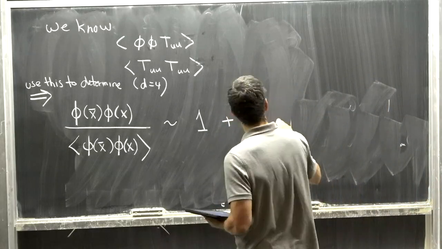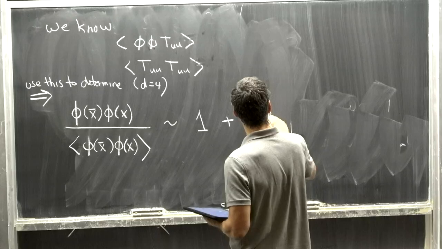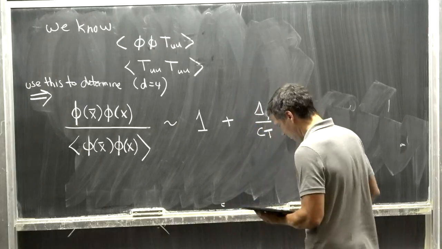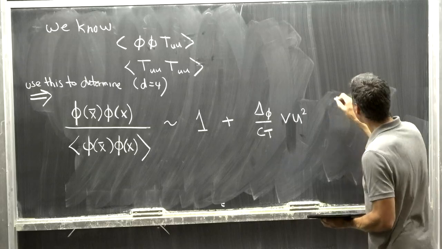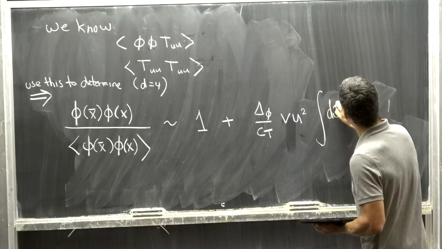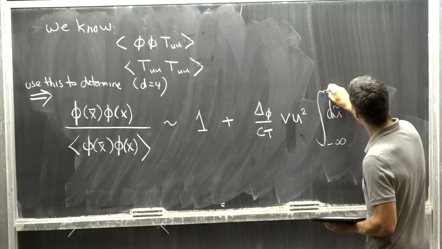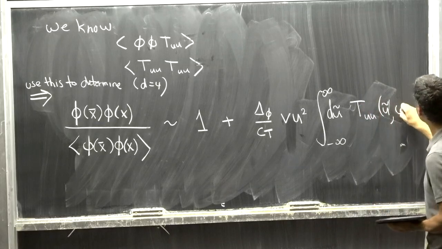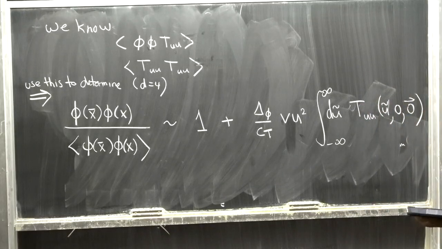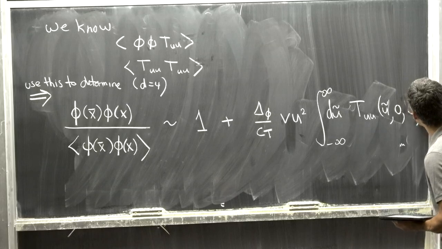And there's a contribution that looks like Δ_φ over C_T, v u squared, integral of du tilde from minus infinity to infinity of T_uu of (u tilde, 0, 0, 0).